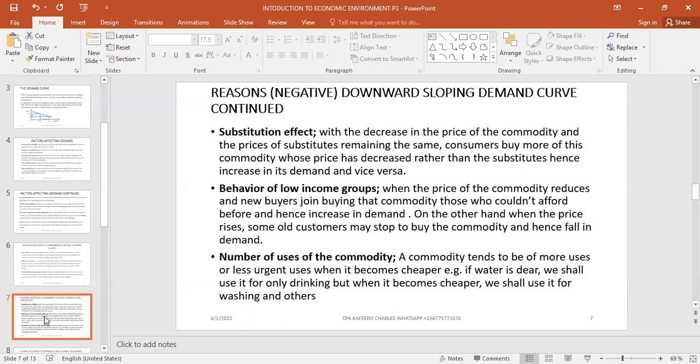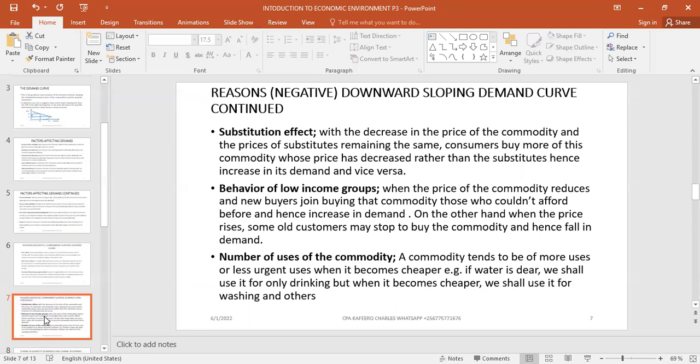When the price of the commodity reduces and new buyers join by buying those commodities which they couldn't afford before, it will cause an increase in the demand. On the other hand, when the price of the commodity increases, some old customers may stop buying the commodity and hence a fall in demand.